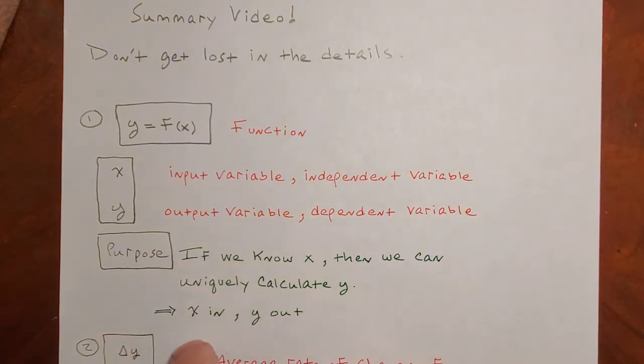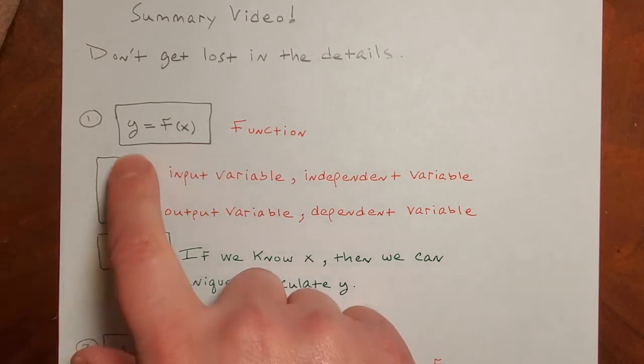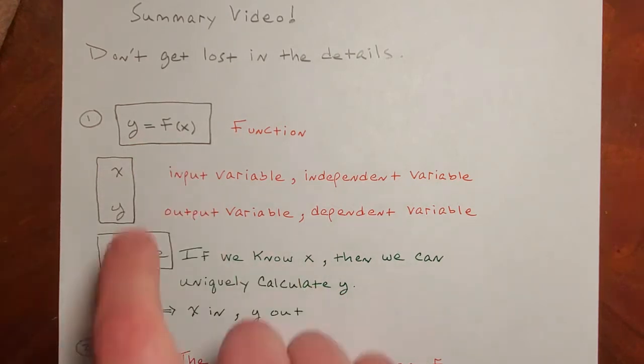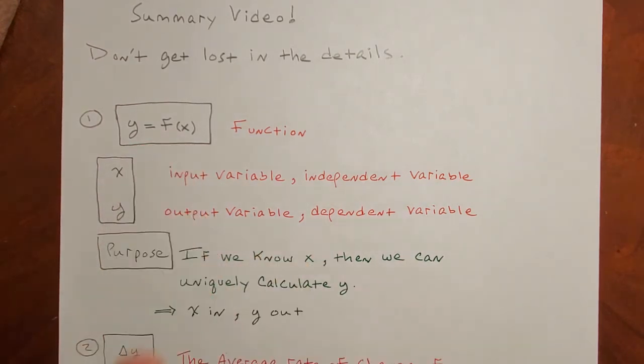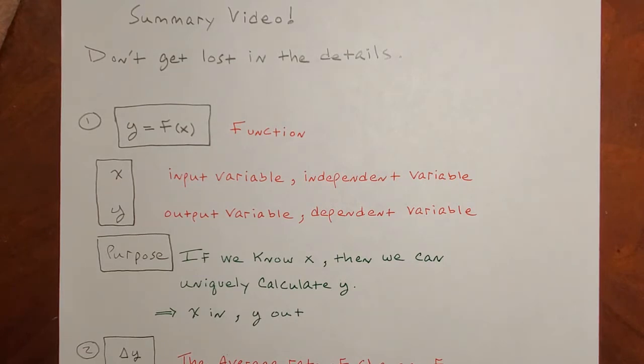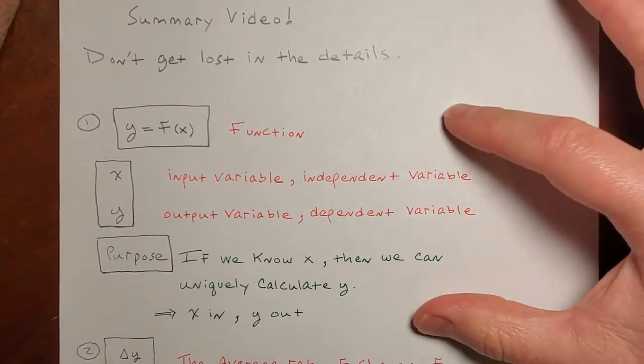If you know the value of one variable, you can find the value of the other, x and y, right? The variables could be different though. We don't always use x and y. Sometimes we use a letter that's a little bit more descriptive to what the variable is, like t for time or something like that. All right, so that's what a function is.